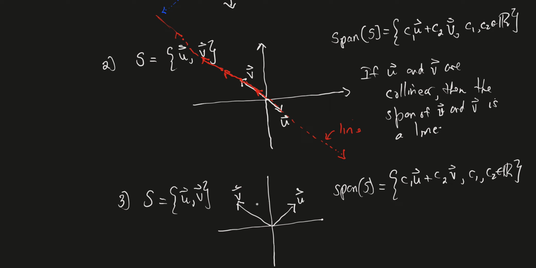All right? So just to give you an idea, let's say my scalars are 1 and 1, right? So for instance, if I wanted to visualize the sum of these two vectors, one way to do it is to take the vector v and put its initial point at the terminal point of u.